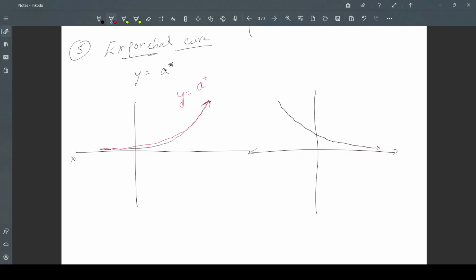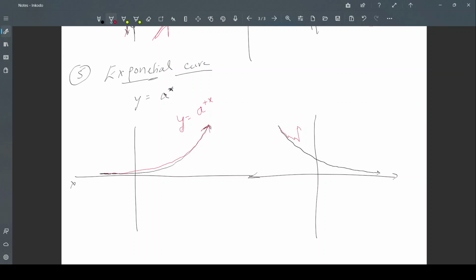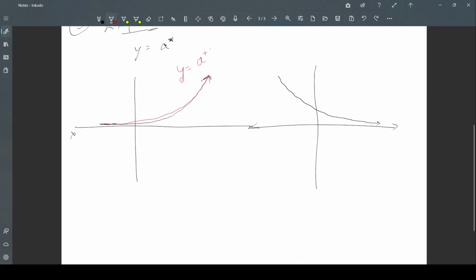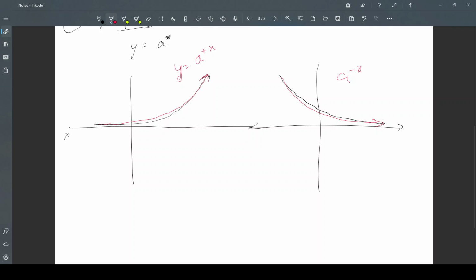And if the right hand side goes down, like this one, then it is a raised to power minus x over here, so y equals a raised to power minus x.